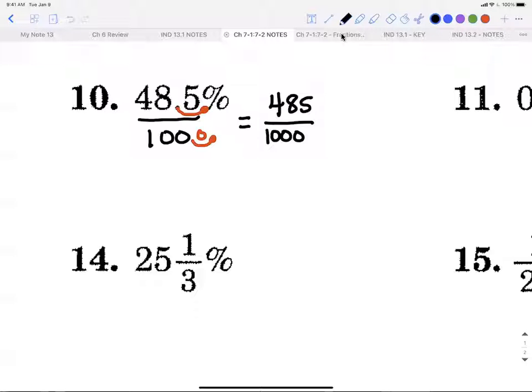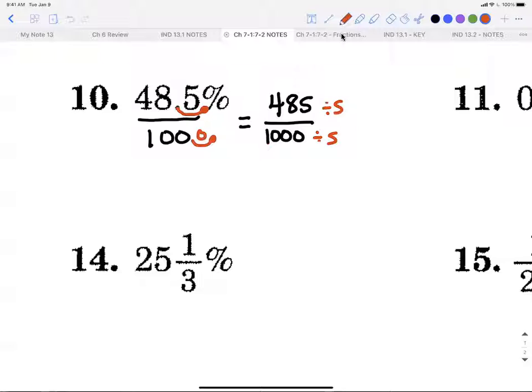And now I do need to reduce this. And if you're not sure where to start, they are both divisible by 5, right? So I know I can start there. It might have to be done twice, but I know I can at least start there because they both end in a 5 or a 0. So I'm going to divide by 5 and divide by 5.